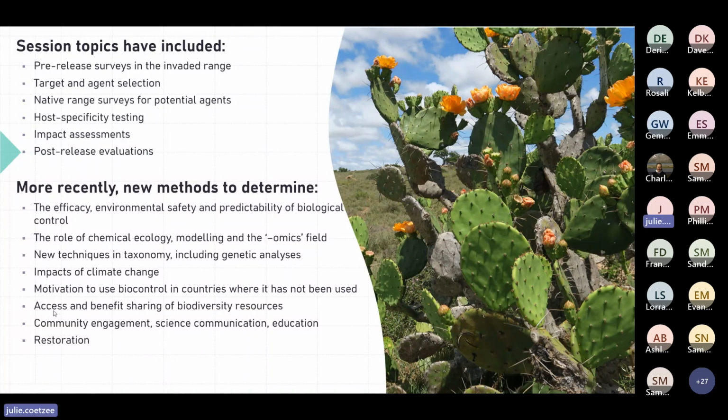More importantly, access and benefit sharing of biodiversity resources. And this is largely due to the Nagoya Protocol that was promulgated in 2014. Community engagement, science communication, education feature a lot more in these ICCW meetings. And restoration. What happens once we've controlled our plant, or we've gone below that damage threshold?